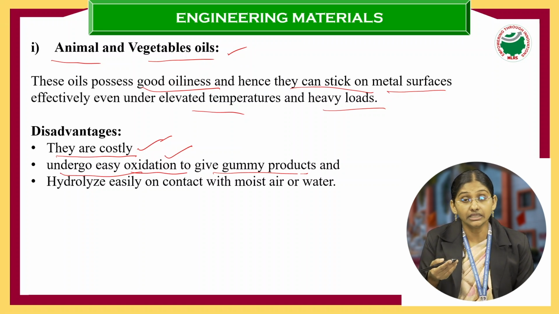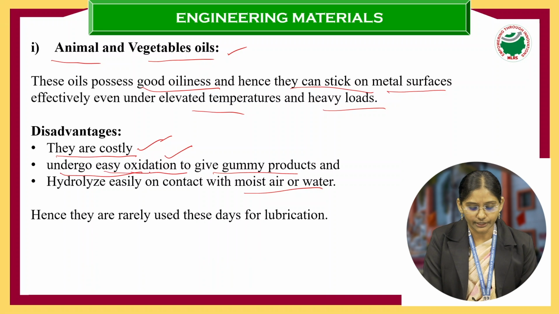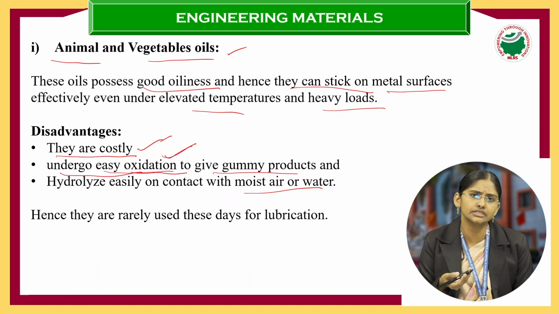That means when they are exposed to oxygen or the ozone present in the atmosphere, or sometimes moisture or water present in the atmosphere, they undergo easy oxidation. Why do they undergo easy oxidation?